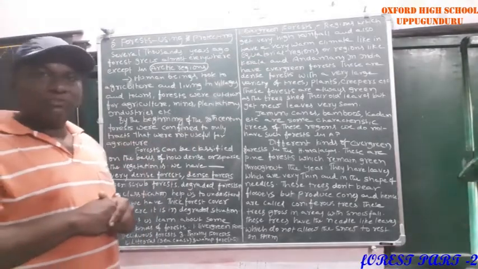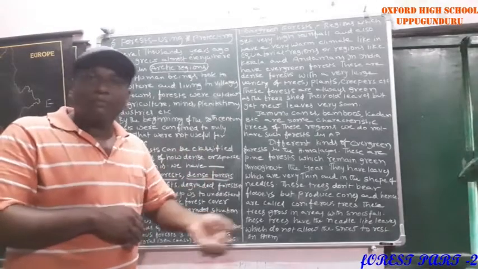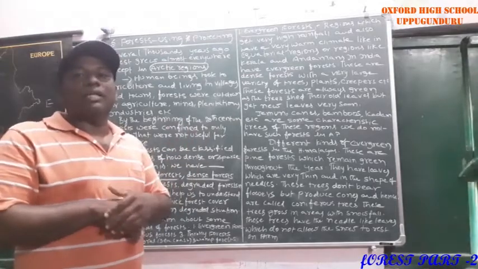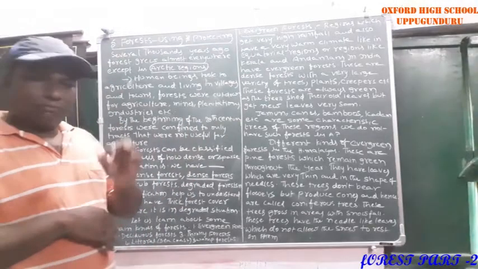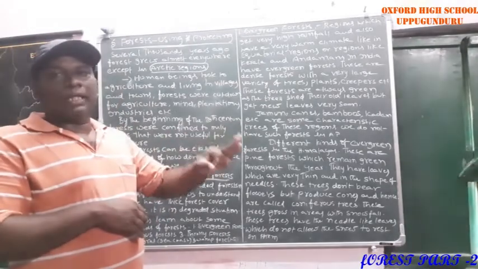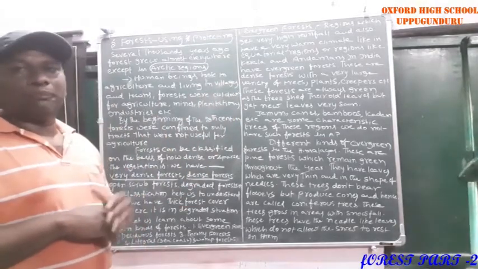If we find high temperatures as well as high rainfall, we will automatically find evergreen forest in that area. So finally, what we can say is that equatorial regions contain evergreen forest. That is the final statement we will give.